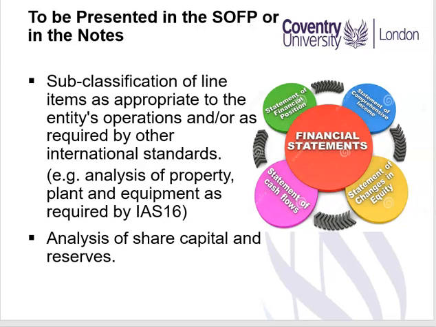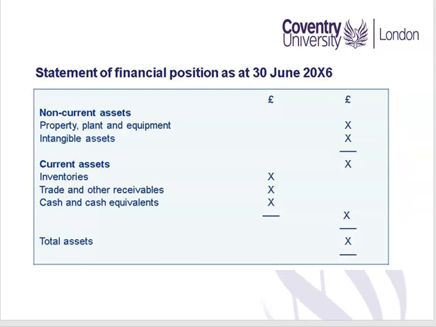Under IAS 16, property, plant, and equipment could be shown as one item. An analysis of share capital and reserves. Let us now display a typical statement of financial position for your understanding.